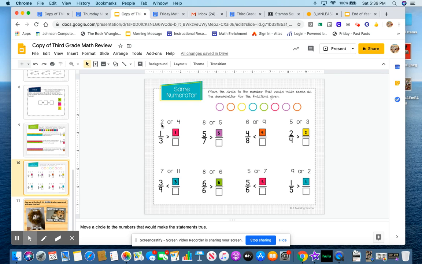So it's either greater than 1/2, or is it greater than 1/4? So we'll use the circles and we'll decide if it's greater than 1/4, then you'll put the circle over the 4. If it's greater than 1/2, you'll put the circle over the 2. So you don't need to do anything with putting numbers in these boxes. You've just got to circle the right answer.